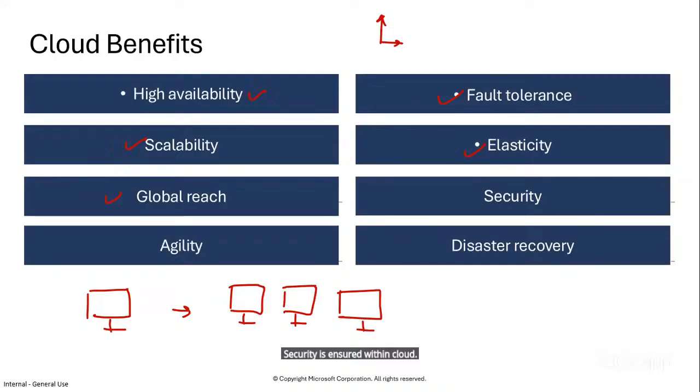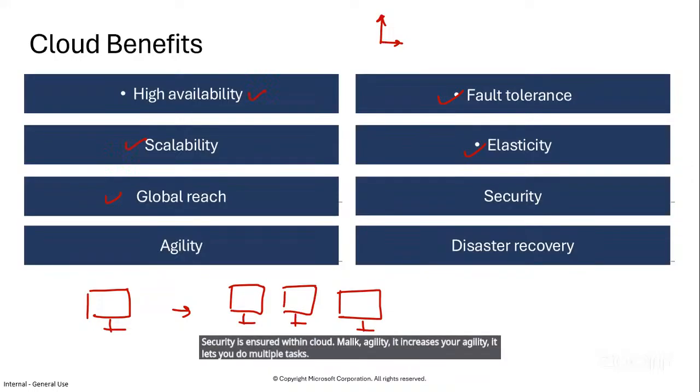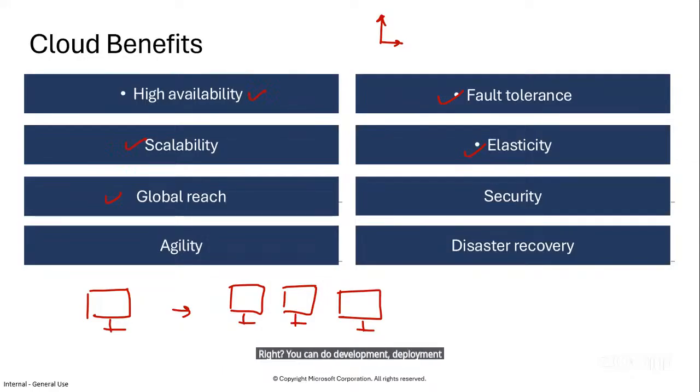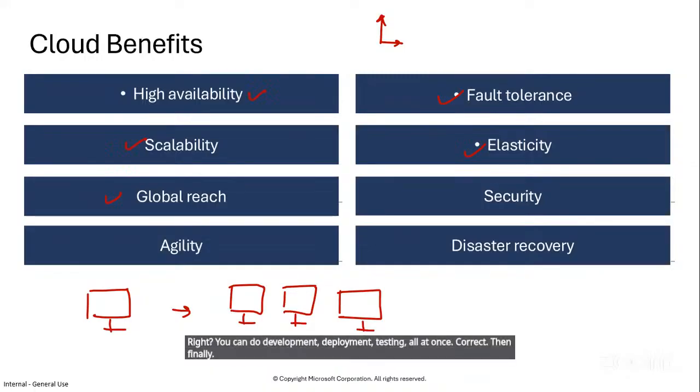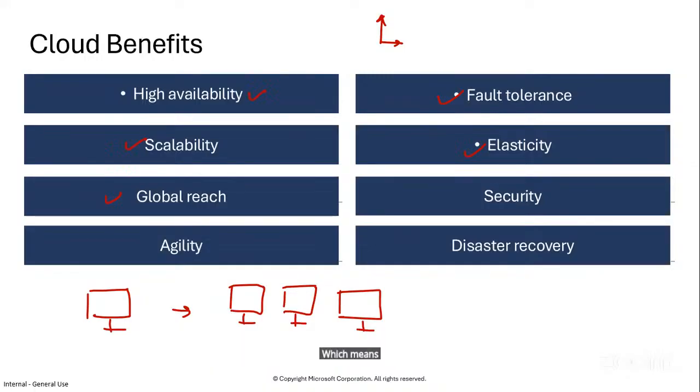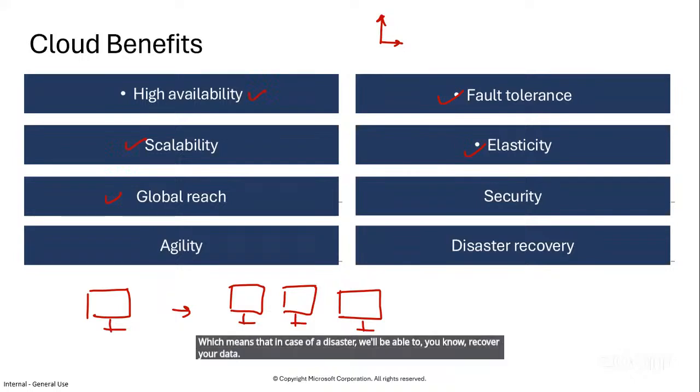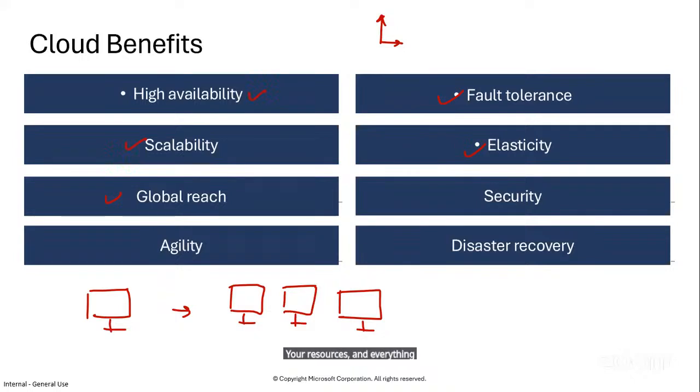Then there's agility, it increases your agility. It lets you do multiple tasks. You can do development, deployment, testing all at once. Then finally, there is disaster recovery also, which means that in case of a disaster, we'll be able to recover your data, your resources, and everything. All right. So these are some of the cloud benefits.